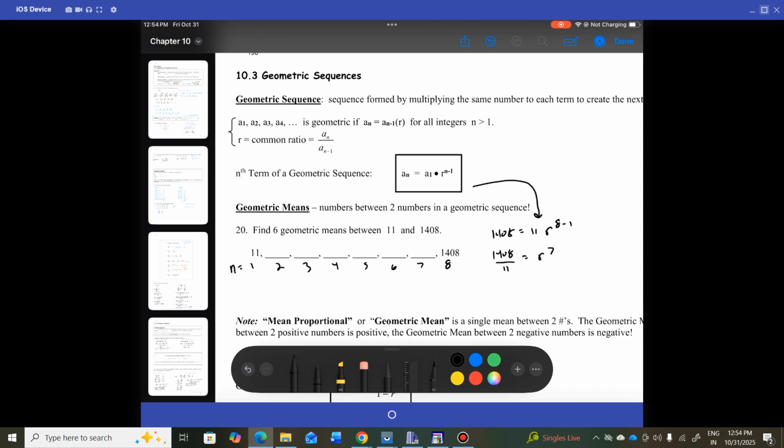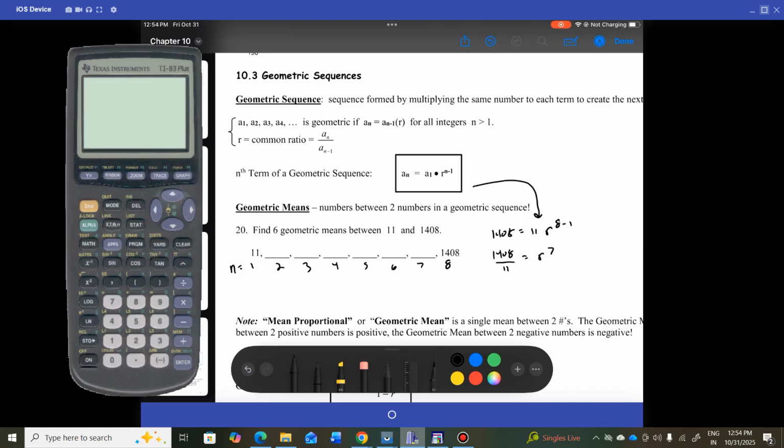And 1408 divided by 11 is 128. So 128 equals r to the 7th, and so we take the 7th root and we get 2. So r equals 2.